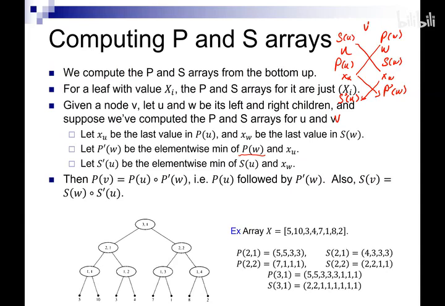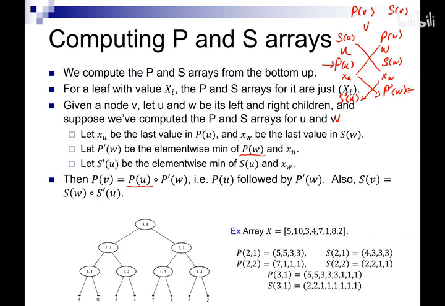Okay, and then finally, we want the P of V array and the S of V array. The P of V array is just going to be the P of U array, so this array, concatenated by this array. We're going to take the P of U and the P prime of W and concatenate them.